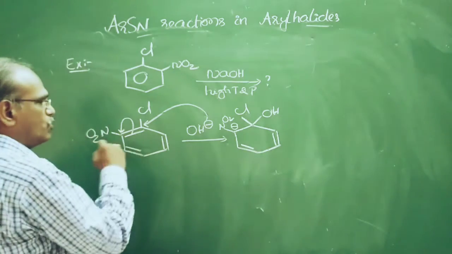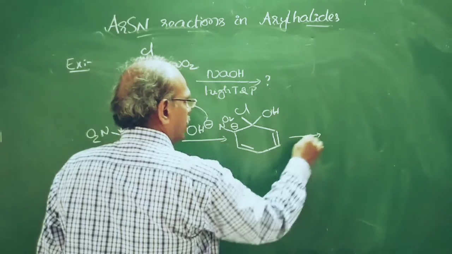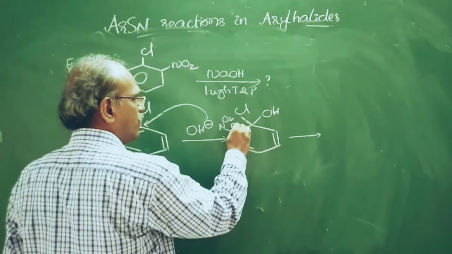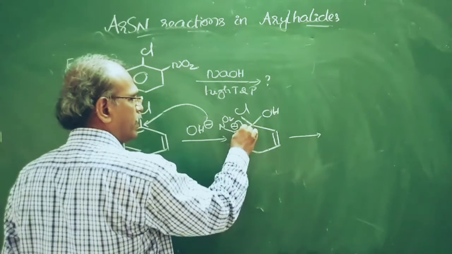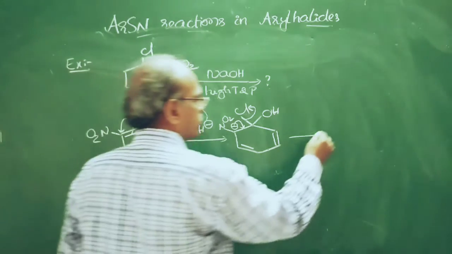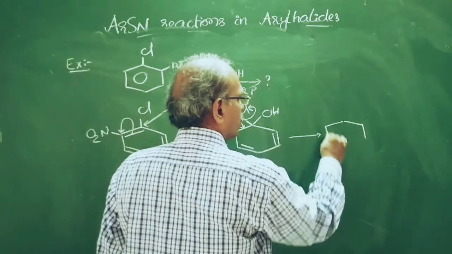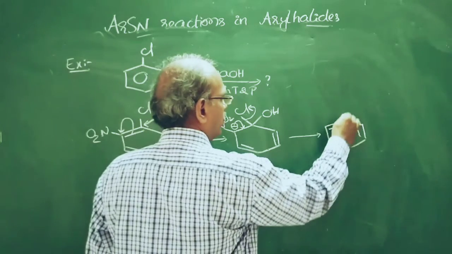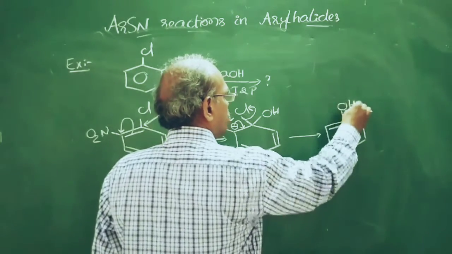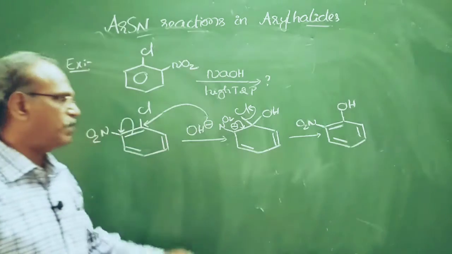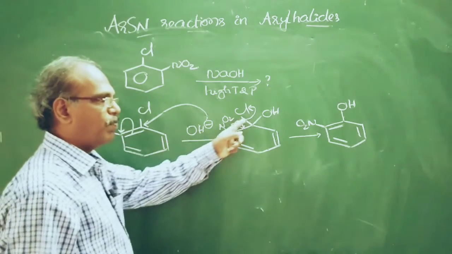Now see this. In the next step, between these two, this is the good leaving group. So aromatization, loss of Cl minus. So double bond, here double bond, here OH, and this is NO2. This is the mechanism through the carbanion.